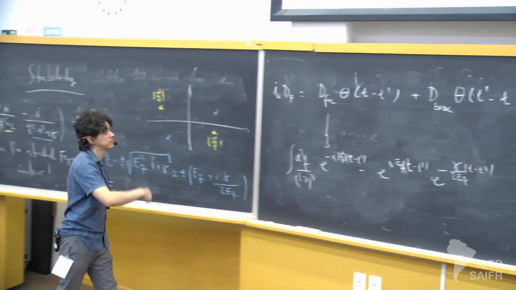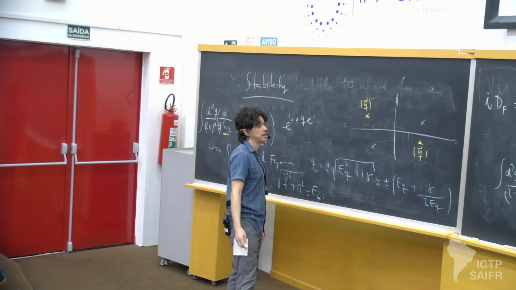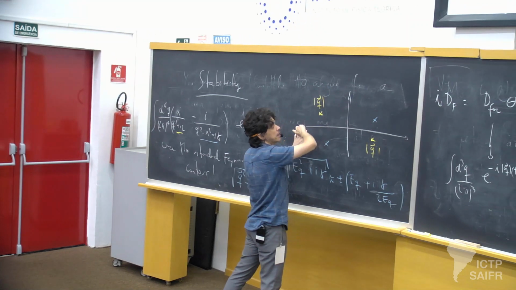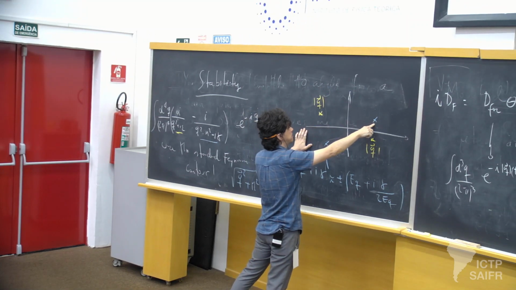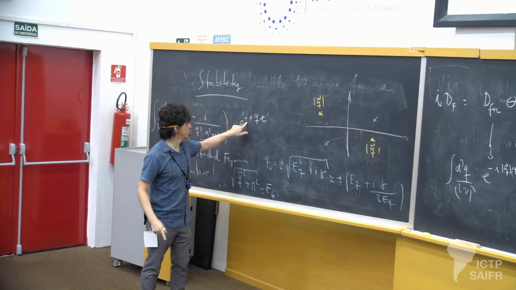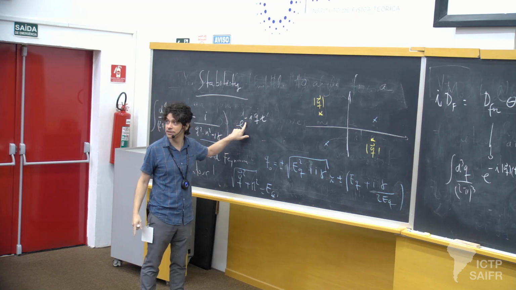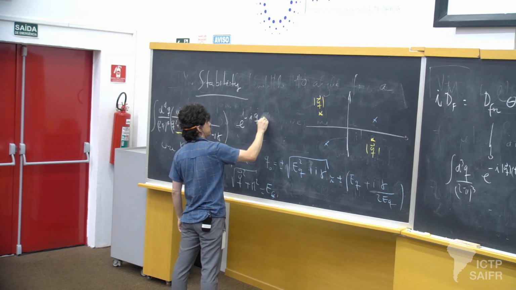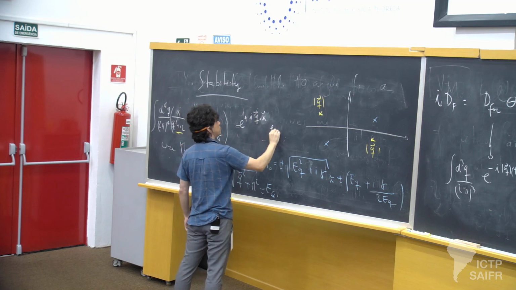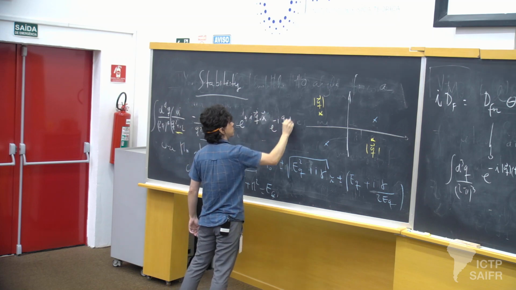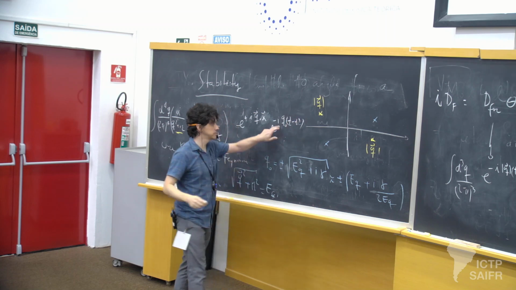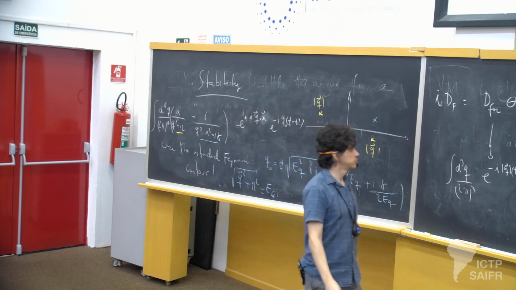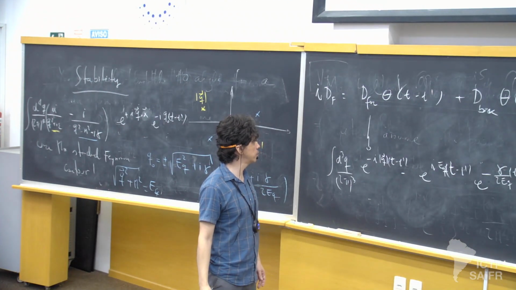Because now, for the backwards guy, you would close the contour upstairs, and then you get this guy here. But then you have a plus sign here. Let me write it in this way, so it's going to be more correct. So this is the guy that I'm talking about. So what happens is the following.